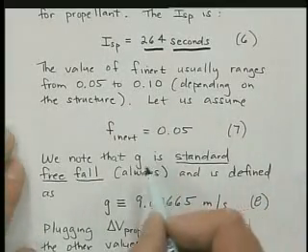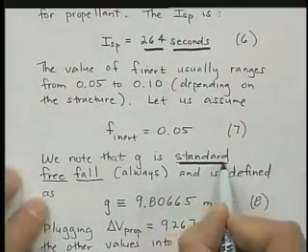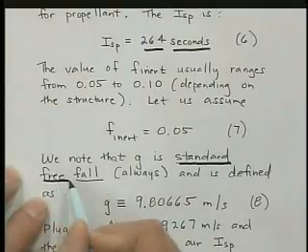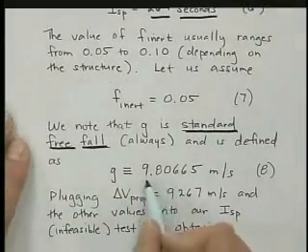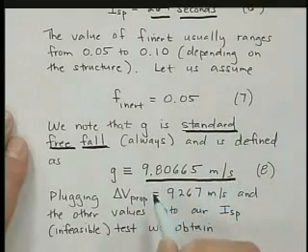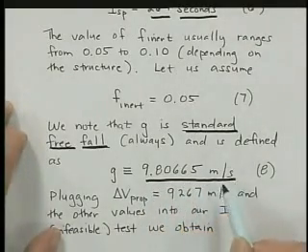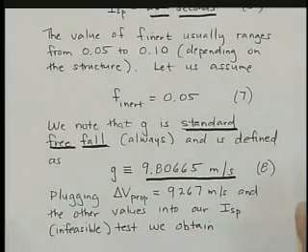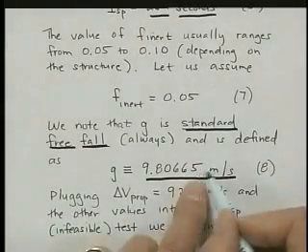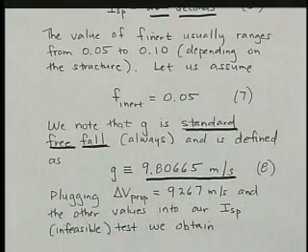And notice that the g, whenever you're using the g in these propellant calculations, has this exact value of 9.80665 meters per second squared. It's a defined quantity, and there's no number after the 5. This is exactly what the value is.